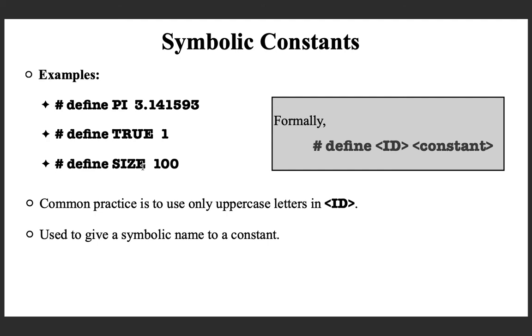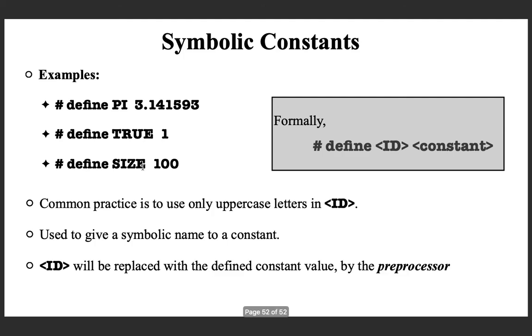It is basically used to give a symbolic name to a constant. I told you when exactly this is useful. What exactly is happening is the ID, in this particular case PI, or here TRUE, will be replaced with the defined constant value by the preprocessor. Preprocessor means a system program which executes on the program before you compile it.